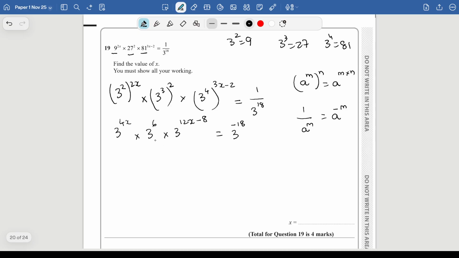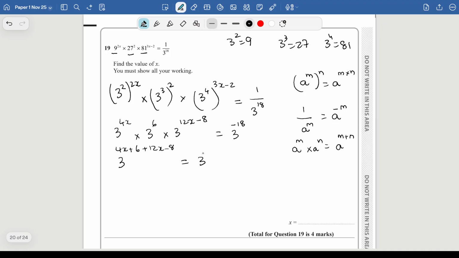Now we have all of them in terms of the base 3. Well, we can do something with the powers here. Since on the left side all these are getting multiplied, it's of the form a raised to m times a raised to n, and you can add the powers when the bases are the same. So we add all these powers: 4x plus 6 plus 12x minus 8.